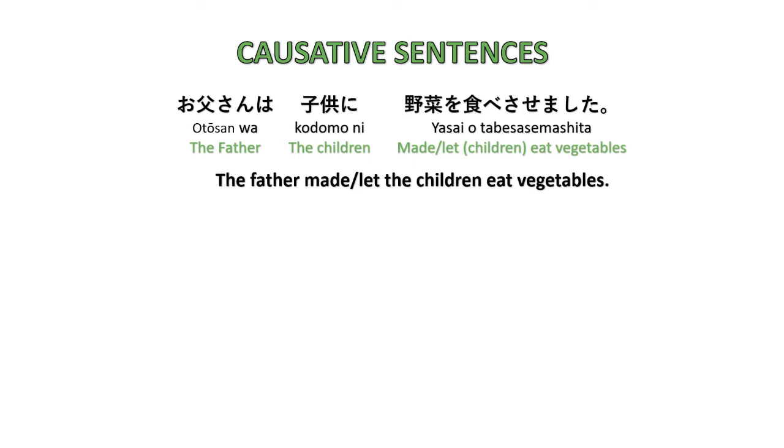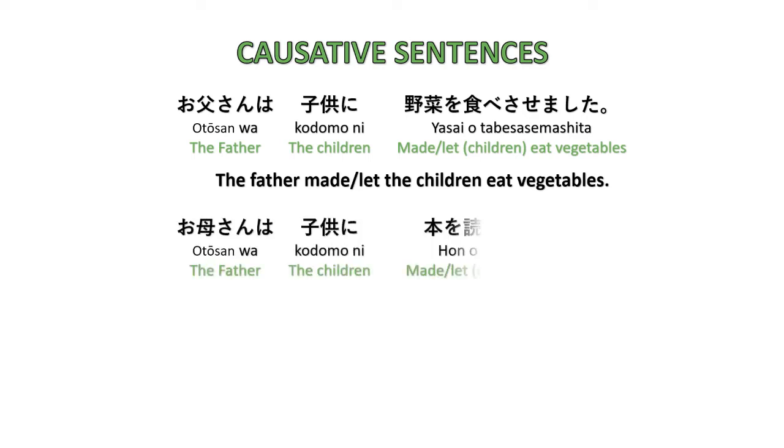We could only surmise from the attitude of the children and the father whether the father made the children eat vegetables or let them. Now, in this case, since we know the children do not really like vegetables, most of them, we could safely say that the father made the children eat vegetables, okay? As a strict father, okay?